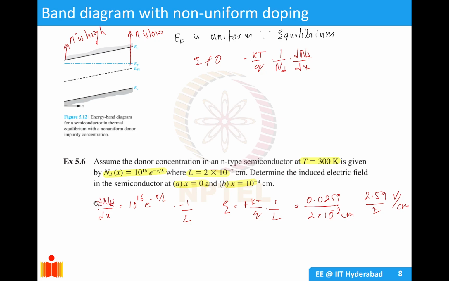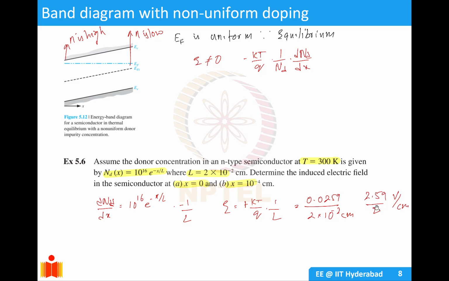So if you do dND by dx, you will get 10 power 16 e power minus x by L into minus 1 by L. So the electric field will then be kT by q into 1 by L. And then you can put in your kT for 300 K, which is 0.0259. Your L is 2 into 10 to the minus 2.